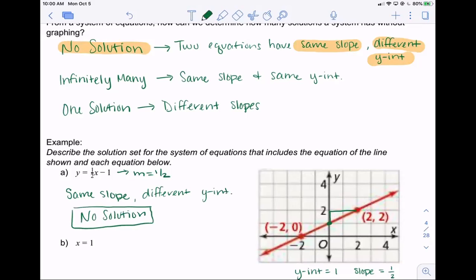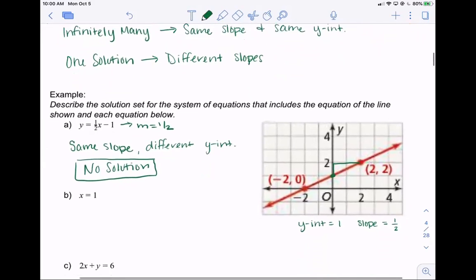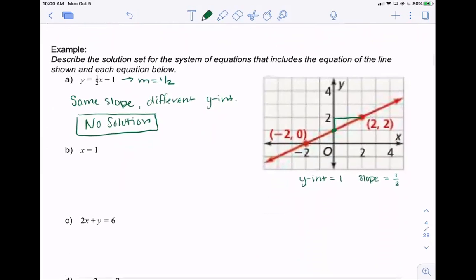Okay. All right, what about B? x equals 1. What type of line is that? A vertical line. Good job. Okay. So if we draw this vertical line, this is for part B, x equals 1.